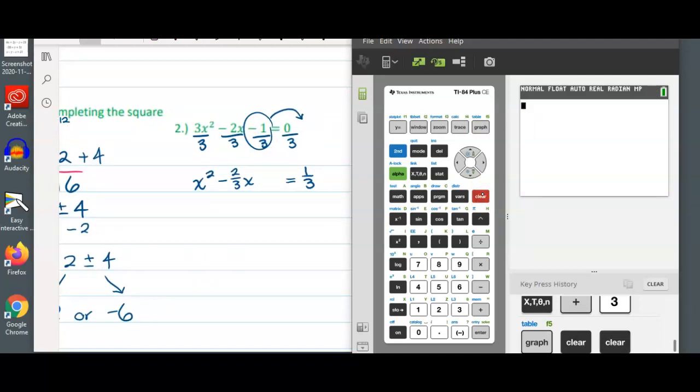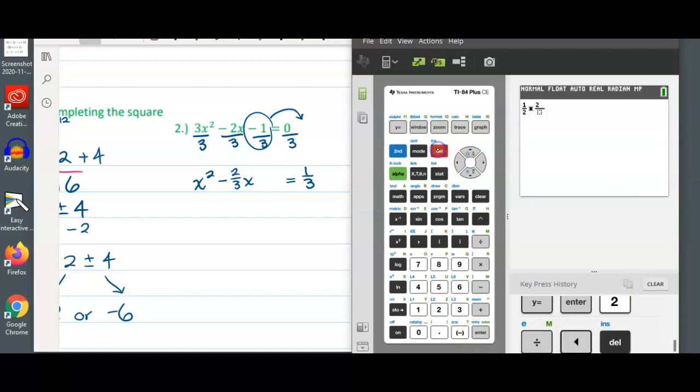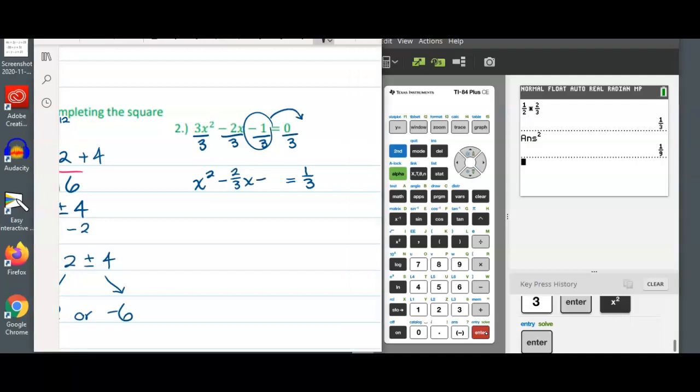Half of b means 1/2 of, and of means times, and b is 2/3. Half of 2/3 is 1/3, and then I'll just square my answer to get 1/9. So I'm actually adding 1/9 to both sides.